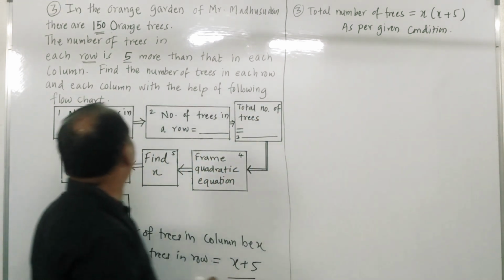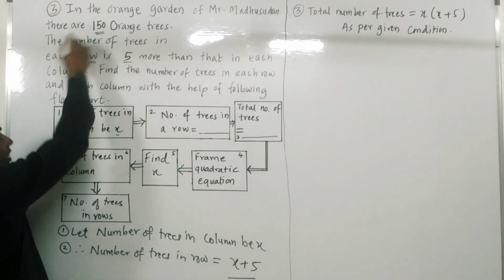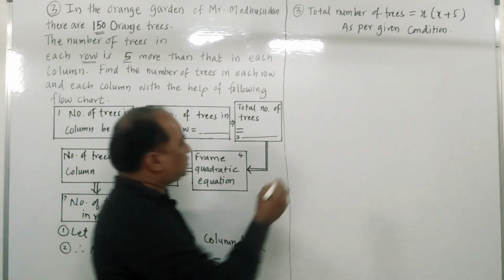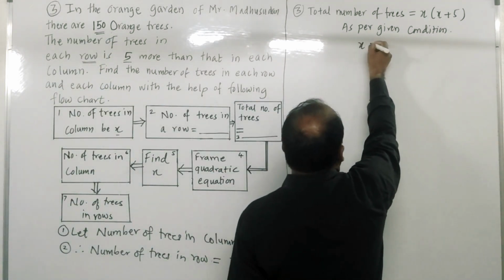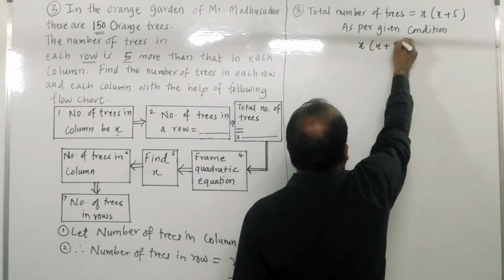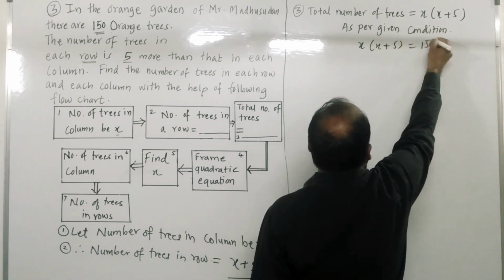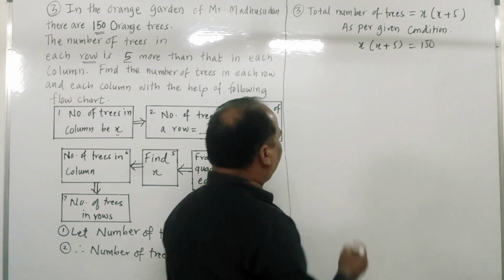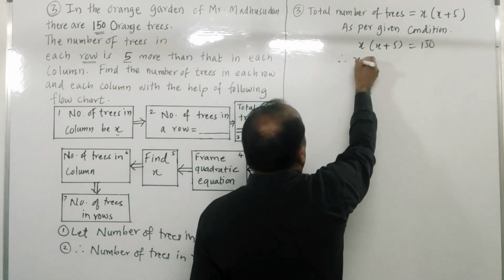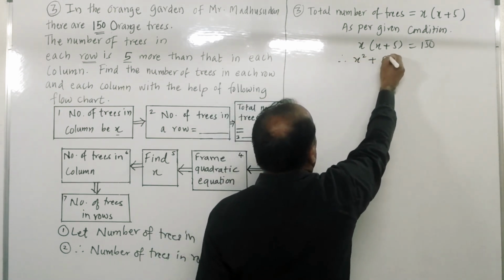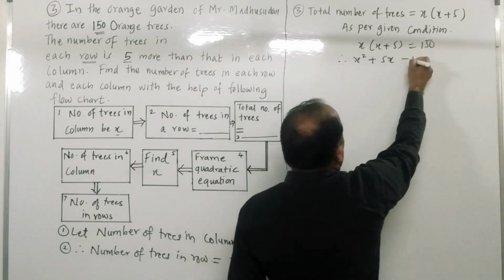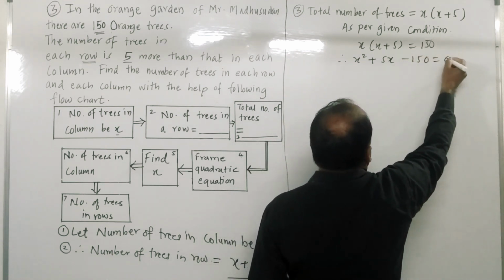So, as per the given condition, total number of trees in the garden is 150. So this product x into x plus 5 is equal to 150. Therefore, x square plus 5x minus 150 is equal to 0.